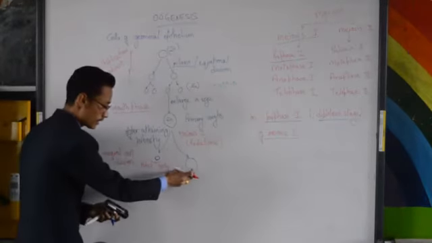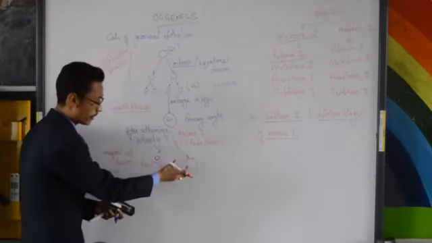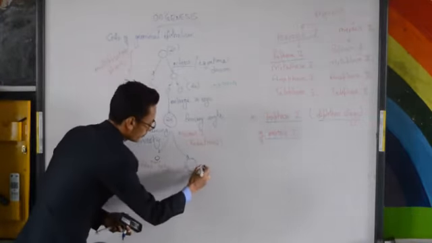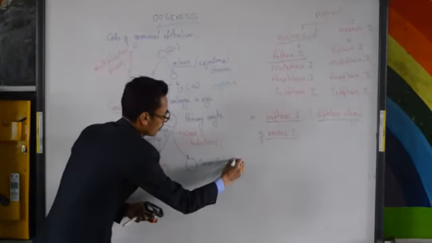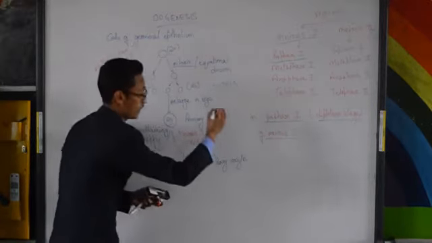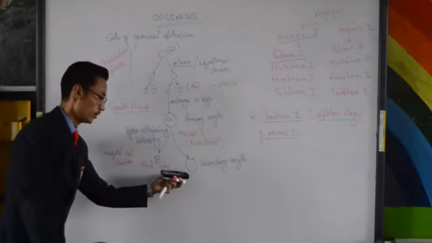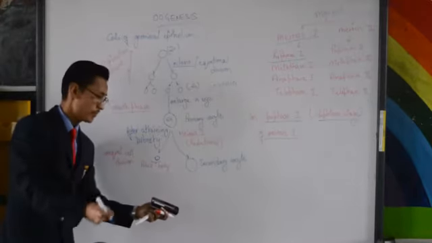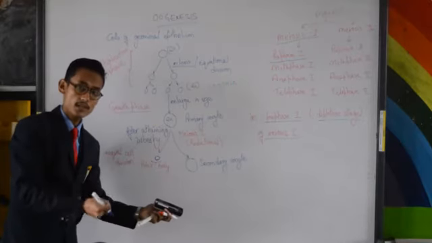Okay, and this larger cell with enough amount of cytoplasm is known as secondary oocyte, and the secondary oocyte will retain the maximum amount of cytoplasmic part.